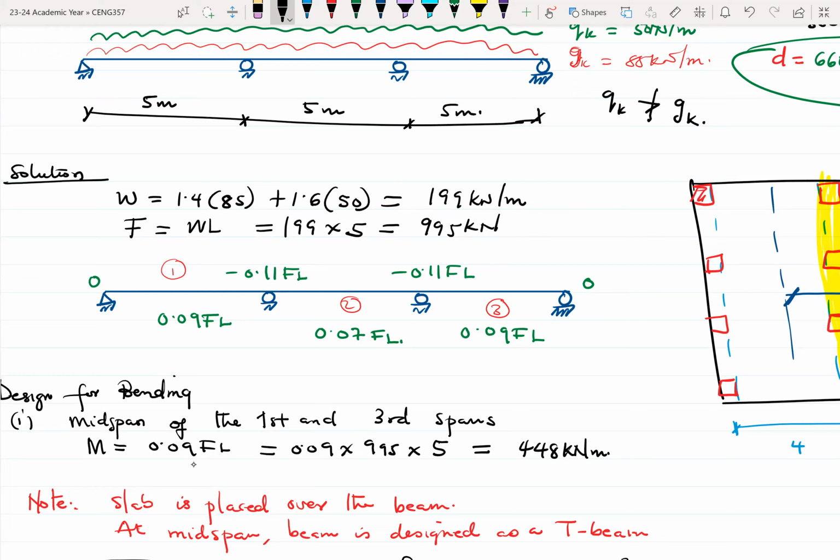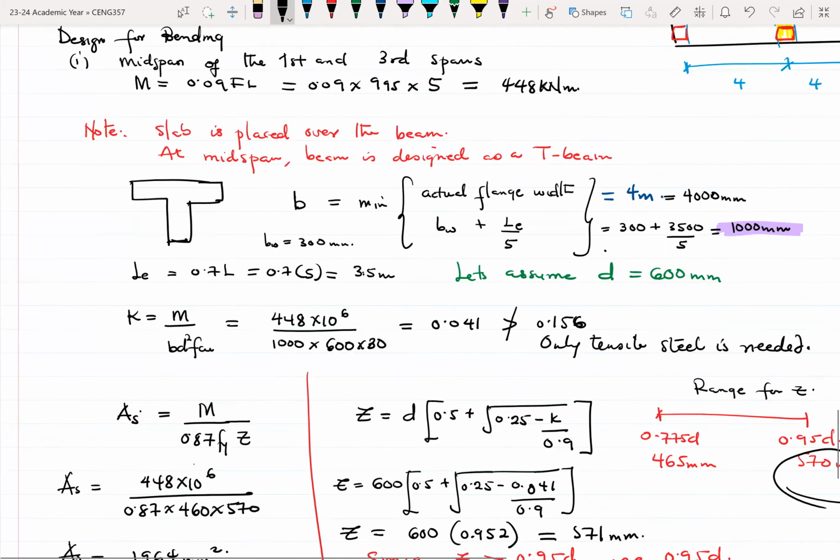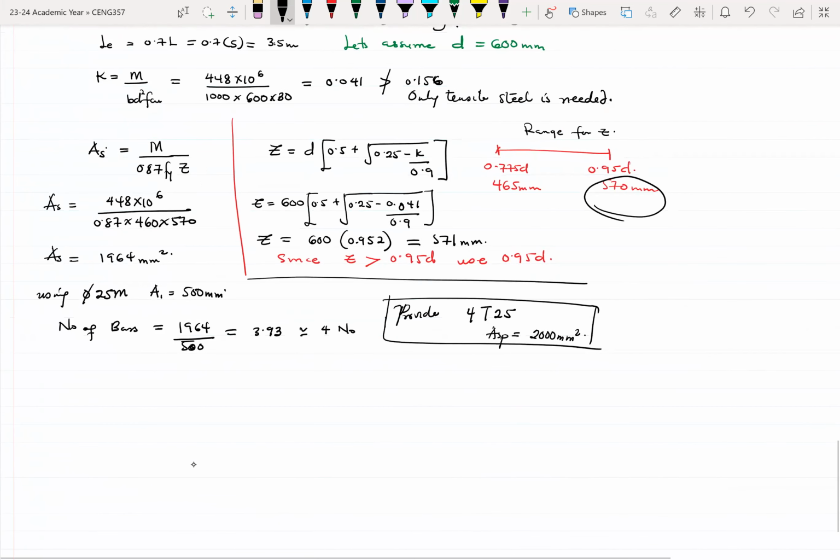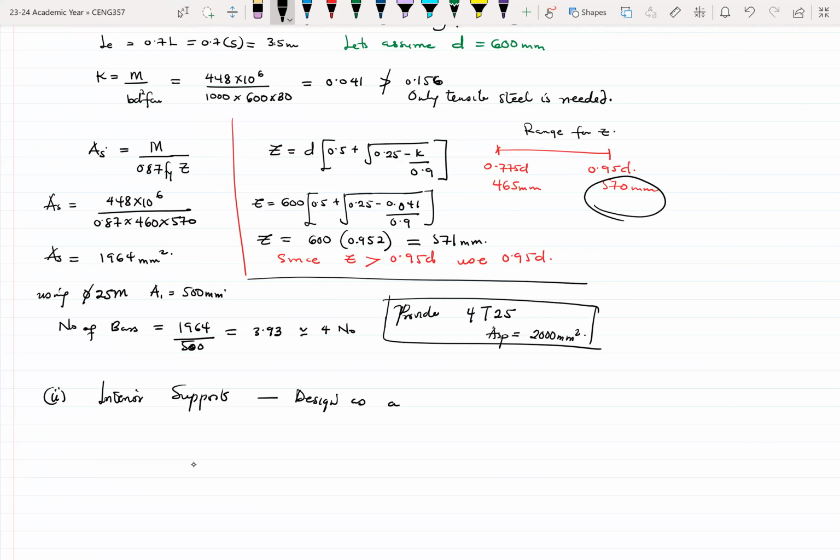Interior supports. But because the tension zone is in the slab, we design as a rectangular section.